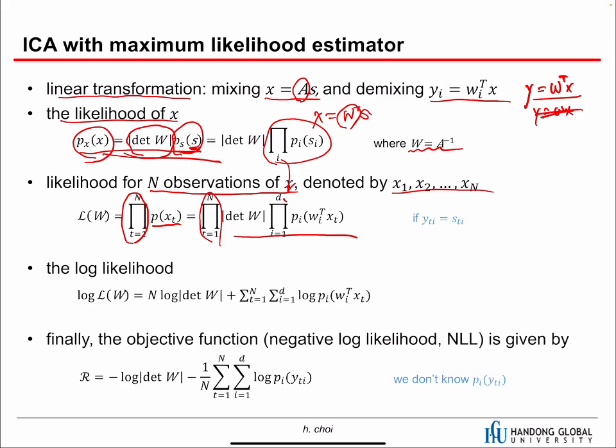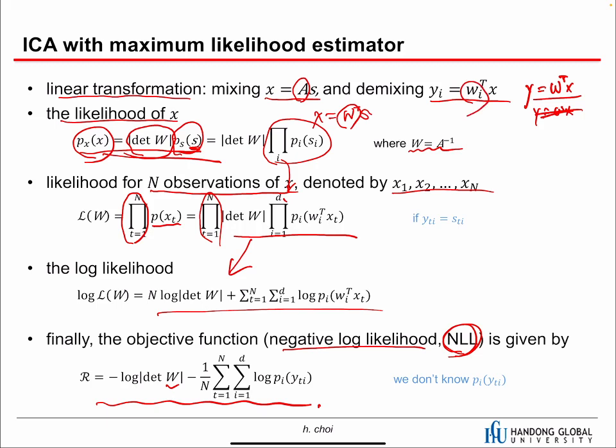Then if we apply the log, this is the log likelihood, and finally we take the negative log likelihood, or NLL, because we want to minimize this objective function. So this is our objective function, W is our parameter, and yi has a parameter too. We have to minimize this objective function with respect to W.